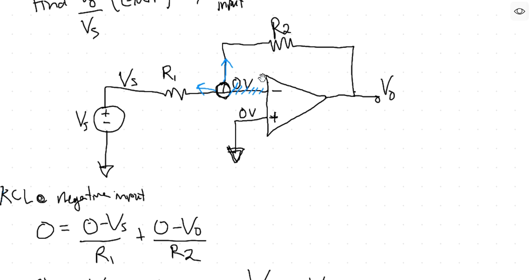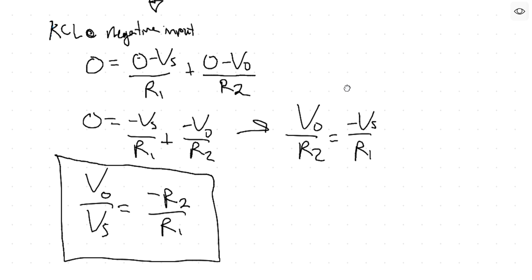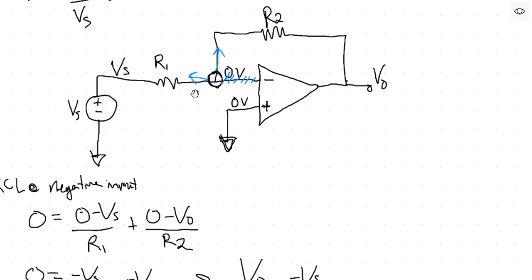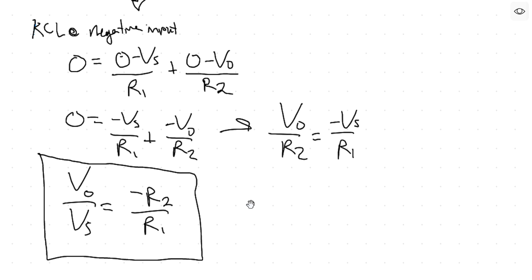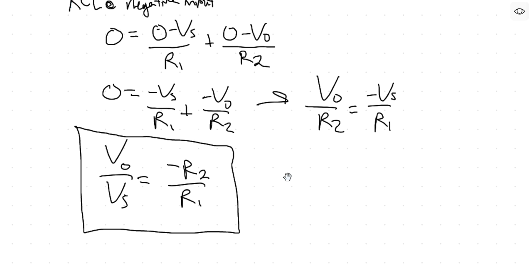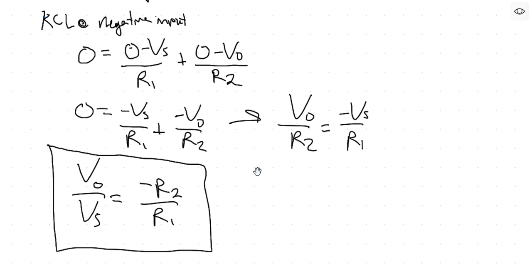Say I need a gain of 10: I'm going to make R2 a 10 kilo ohm resistor and R1 a 1 kilo ohm resistor, put them in my circuit like this, and boom, I have a gain of negative 10. If you like playing around with circuits, that's exciting, because it puts the control in your hands and you can do fun stuff with it.